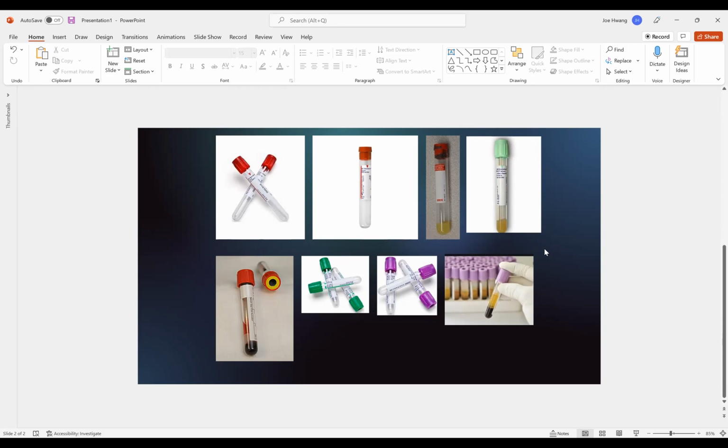Okay. And then the last thing, on this bottom right picture, just to clarify again, the plasma is going to be this liquid part on top, and the red blood cells are going to be on the bottom. Serum is going to be this liquid part on top in this red tube, and the red blood cells are separated on the bottom.